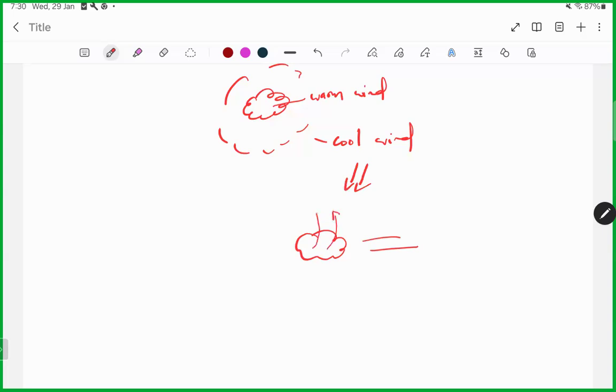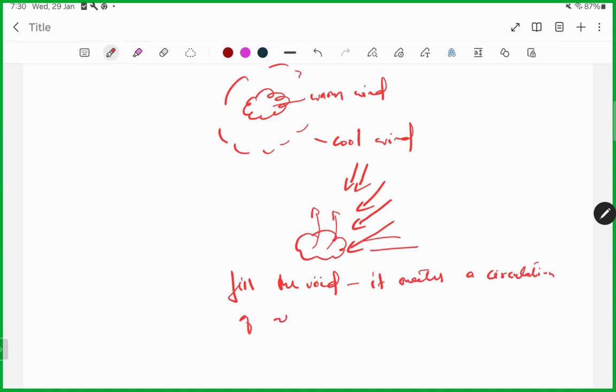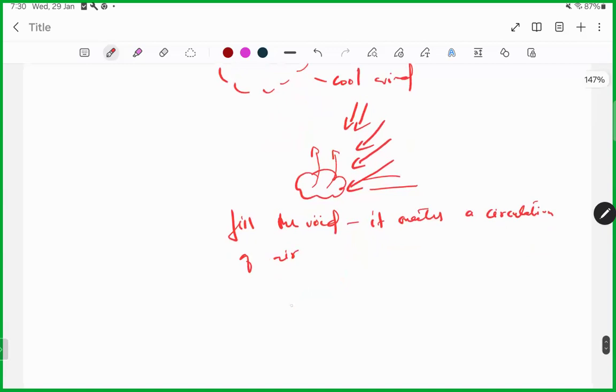To fill the void, the cool air comes in, and it creates a circulation of air. It keeps like that.